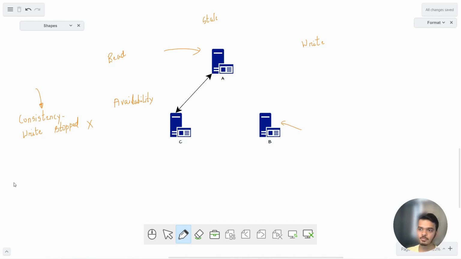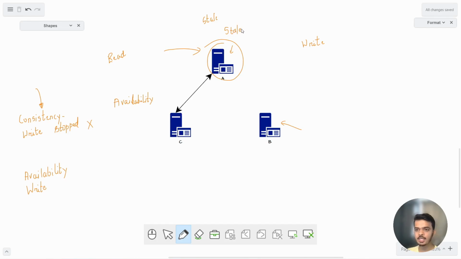On the other hand, if you want to guarantee availability, then you will have to accept all the write requests. So if the client writes on B and another client wants to read from A or C, then the data present there is stale data.